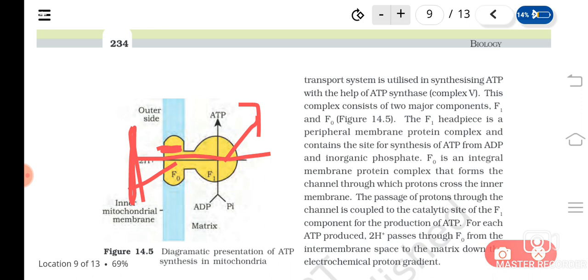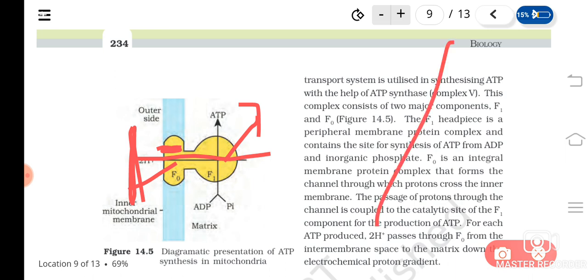Inorganic phosphate and ADP get joined and produce ATP. So 2 H plus pass through the F0 from the intermembrane space to the matrix, down the electrochemical proton gradient. 1 ATP will be produced for each 2 H plus ions that pass through the F0.